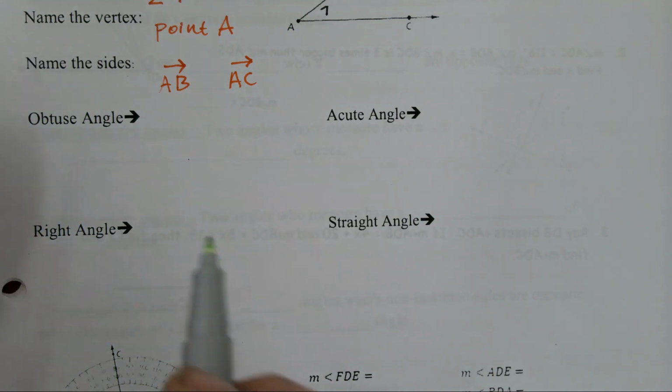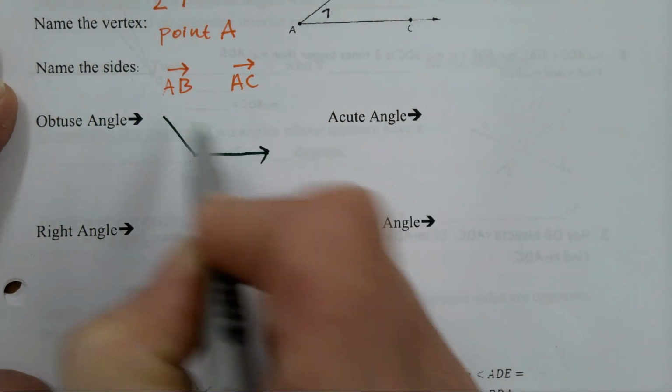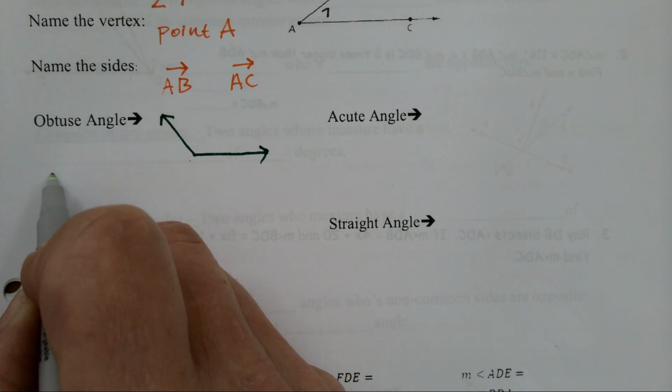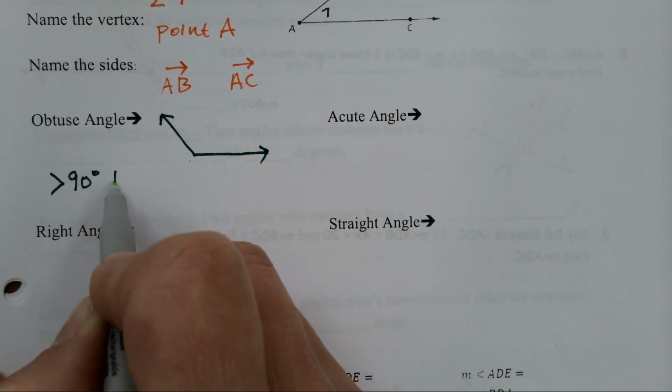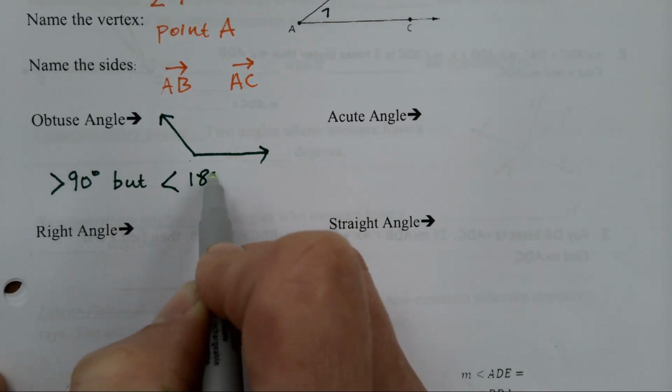So an obtuse angle is a wide angle. An obtuse angle is greater than 90 degrees, but less than 180 degrees.